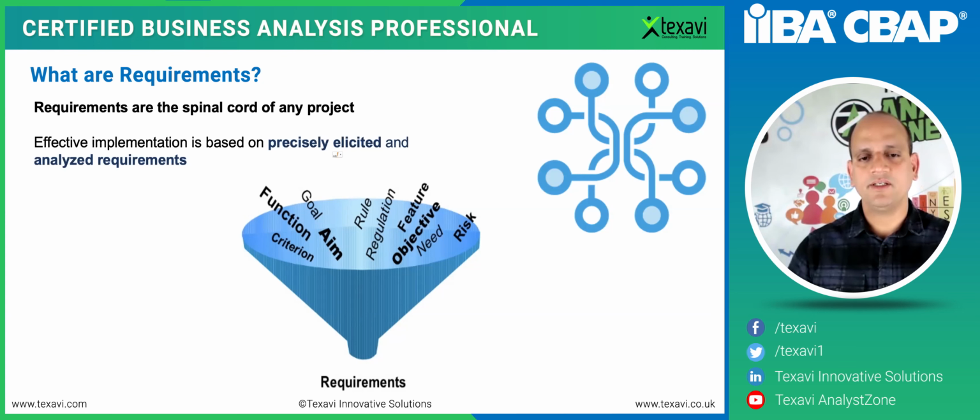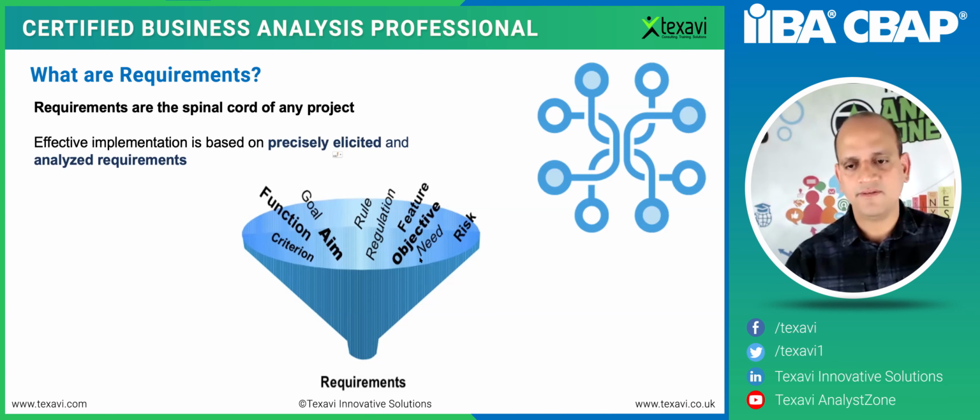the project or initiative. So people call it criteria, functions, goals, aims, rules, regulations, features, objectives, needs, risks, opportunities, assumptions, constraints. All of these challenges, all of the business rules, all of these together could be termed into one word, and that's called requirements.